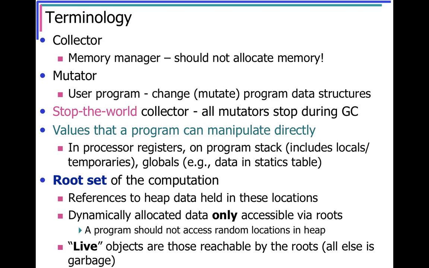This is where the function stack frames are located that holds our local variables, holds temporary variables, and so our variables can have addresses on the runtime stack. They can also be in globals in the statics table.